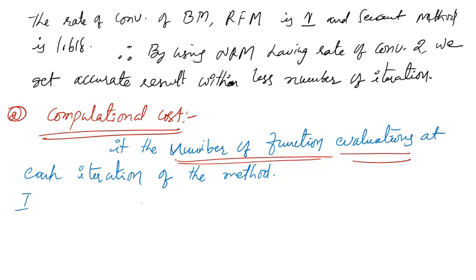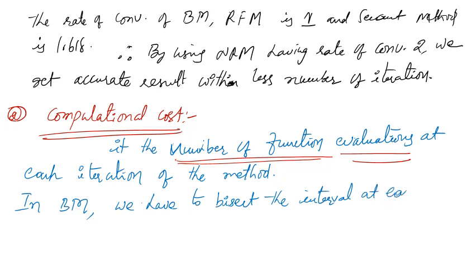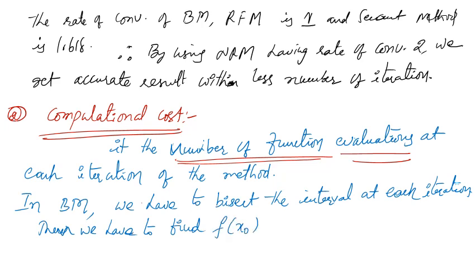For example, in bisection method, what we have to do is bisect the interval at each iteration, right? This is the process. After bisecting this one, then we have to find f of x naught, or in the next second iteration f of x1 or f of x2, like that.